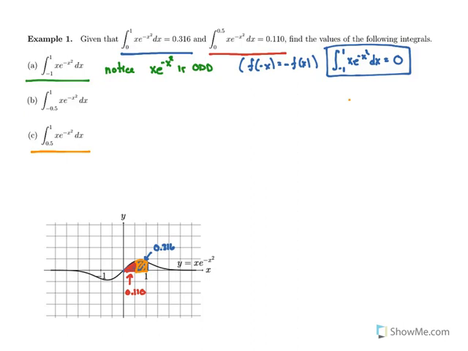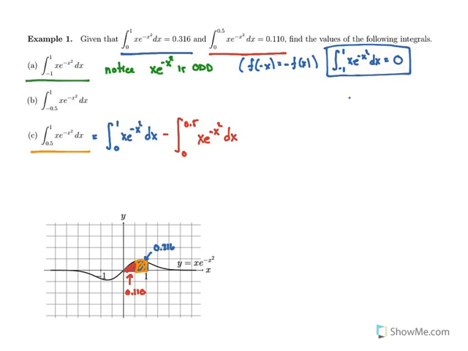We can write this as the integral from 0 to 1 of x e to the negative x squared dx minus the integral from 0 to 0.5 of x e to the negative x squared dx. We're taking the big chunk in blue, subtracting off that piece in red, and we're left with the piece in yellow.